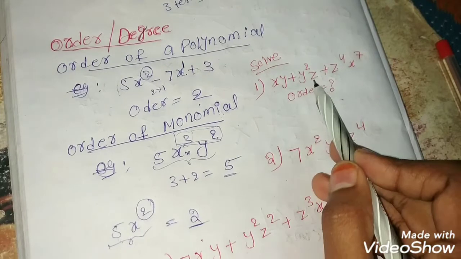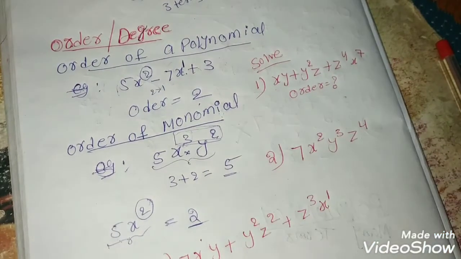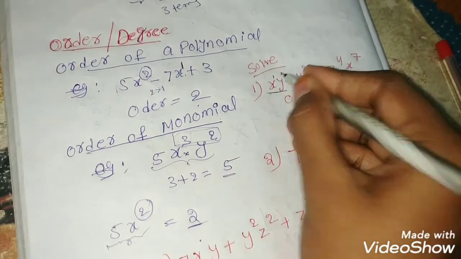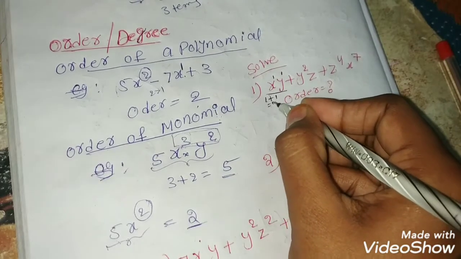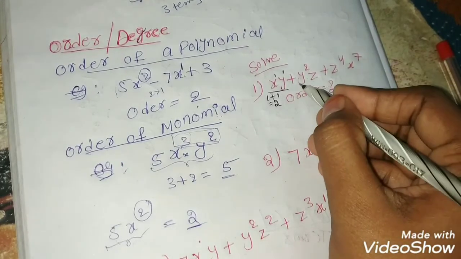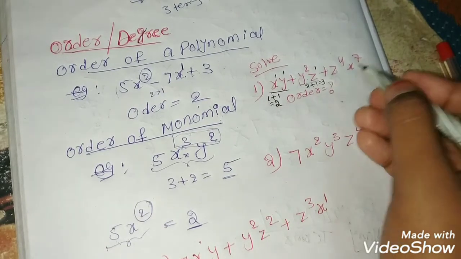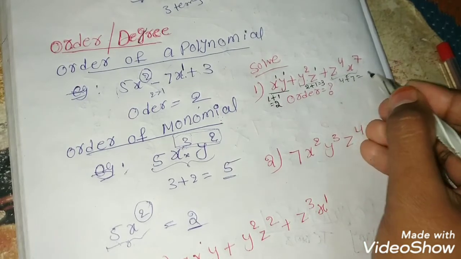Understand? So, let's solve this. xy plus y square z plus z power 4 into x power 7. So, what is the order here? See, in this term, we have 1 plus 1, that is equal to 2. And next, in this term, we have 2 plus 1, that is 3. And in this term we have 4 plus 7, we have 11.